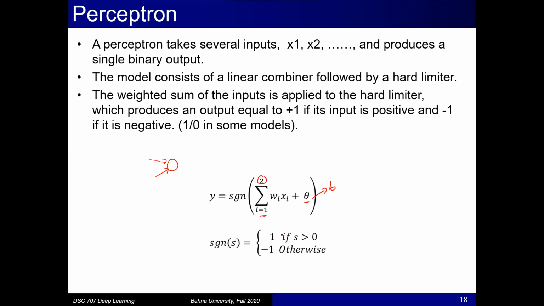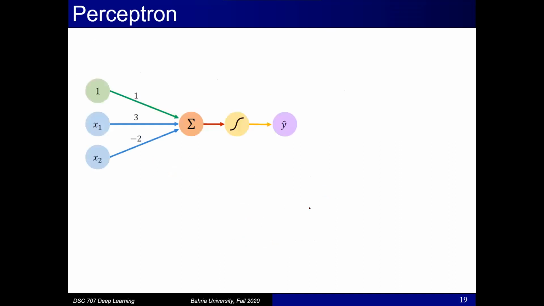As we already discussed, in the case of a perceptron you have a step function: the output is +1 if this thing comes out greater than 0, and -1 if it comes out less than 0. Now let's see how this evolves by fixing some weight values. For example, bias has been fixed to 1, W1 is 3, and W2 is -2.